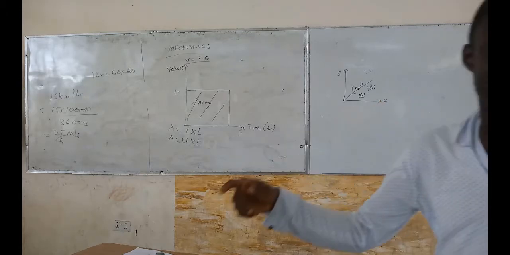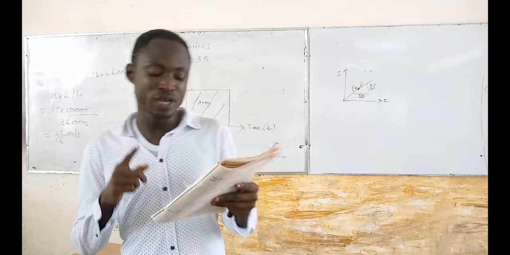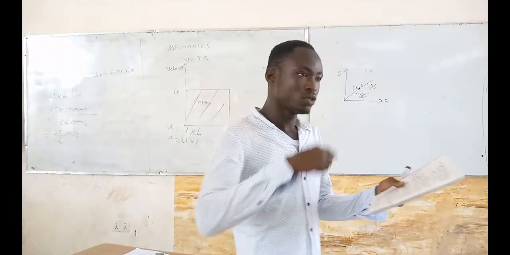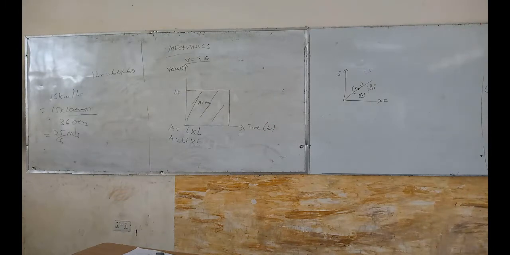You see? A car accelerates along a straight road from rest to 75 kilometers per hour in 5 seconds.